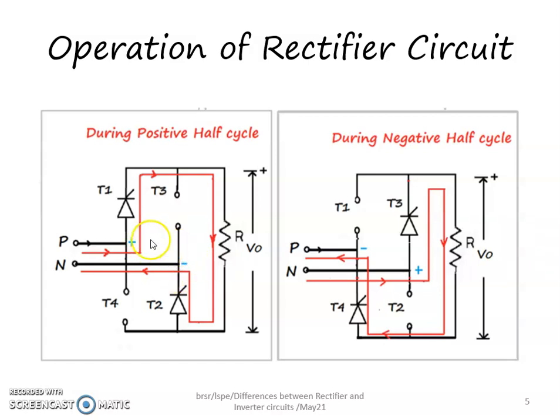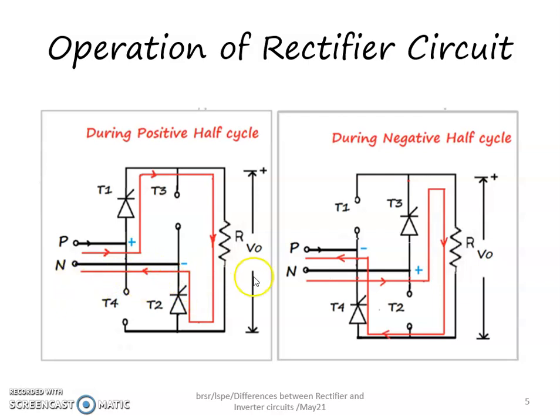And if the gate signal is not given to T3 and T4, they are not going to conduct. It is like an open circuit. So the current flow will be from the phase through T1, through the load, through T2, back to the neutral.